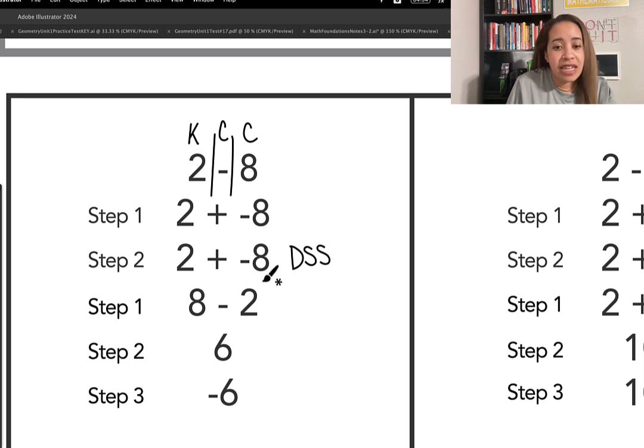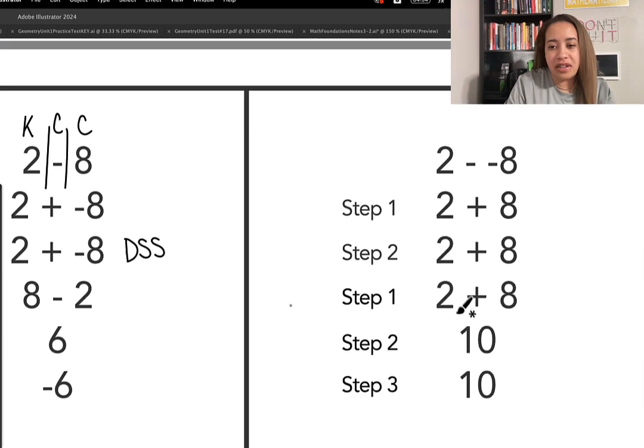That means I need to take my higher absolute value, which is 8, and subtract my 2. 8 minus 2 gives us 6. Our final answer is going to be a negative 6 because our higher absolute value was negative. So the big idea is that once you do your keep, change, all of the rest of the steps follow your addition steps.